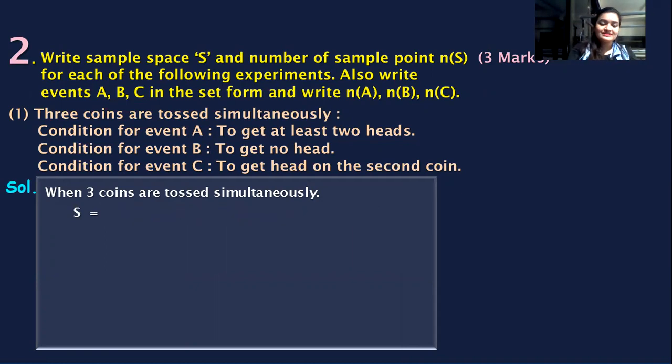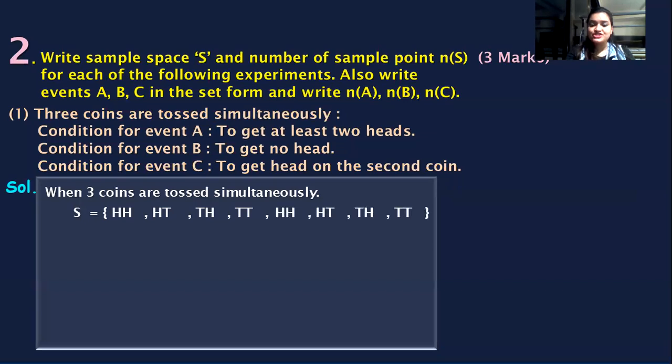I repeat, what is the sample space of 3 coins? First write the sample space of 2 coins, HH, HT, TH, TT, twice, followed by H, H, H, H, T, T, T, T. So N of S will be 8.